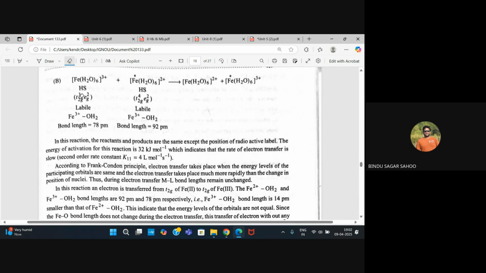And here also the electron transfer occurs from t2g4 to t2g3. That means pi star to pi star transition occurs. Okay, you can make a note here also. The Fe3+ O-H2 bond length is 14 picometers smaller than the Fe2+ O-H2. This indicates that the energy levels of the orbitals are not equal.